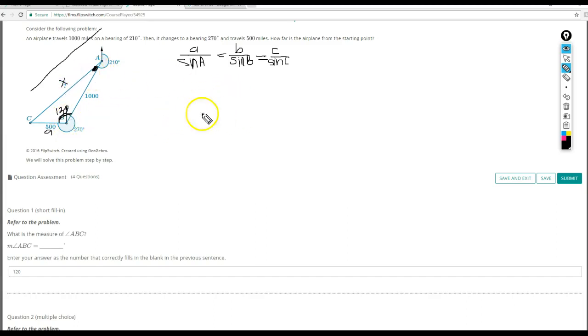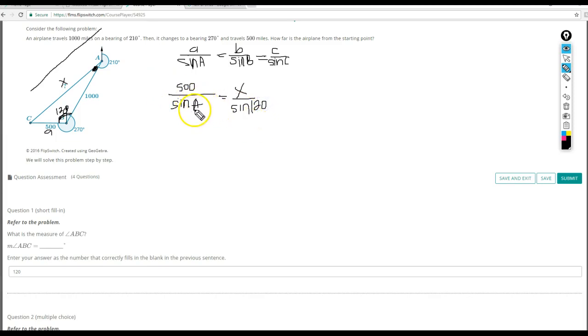I could set up the proportion looking like 500 over sine of A is equal to an unknown, which is what I want, that total distance, over the sine of our angle B, which was 120 by substitution.